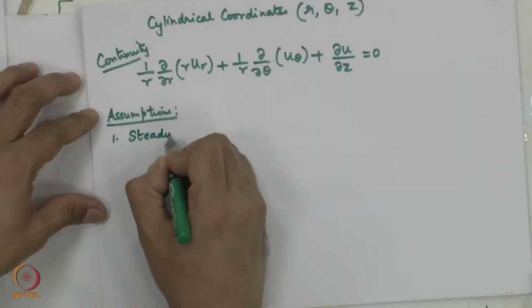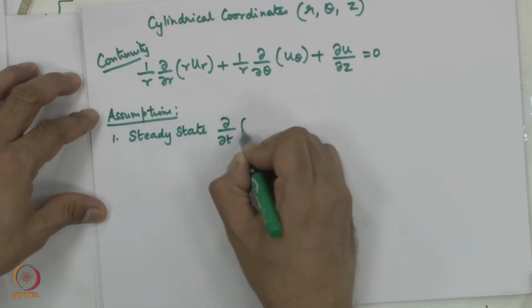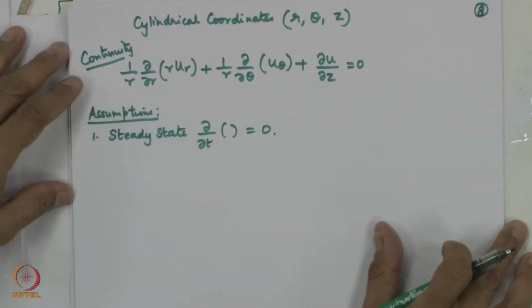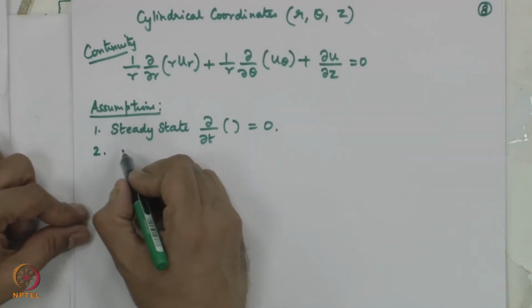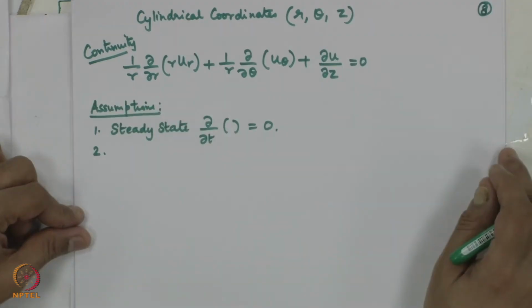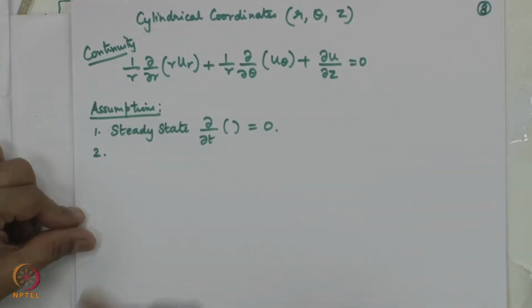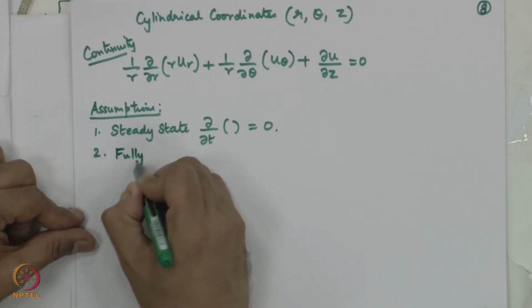First assumption, steady state, which means d by dt of any quantity with respect to time is 0. Second, the axial direction is infinitely long, so we do not have any specific favor with any particular x or z location.